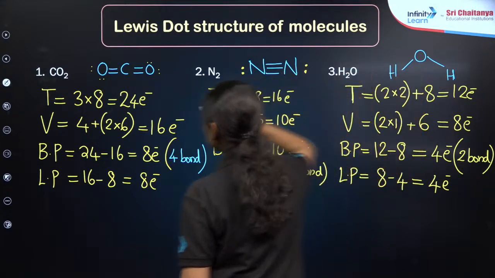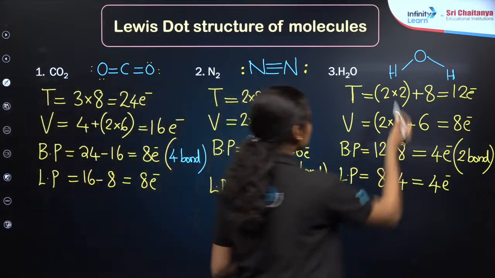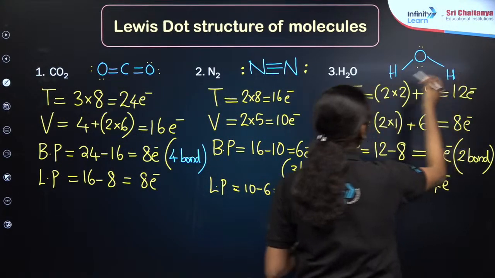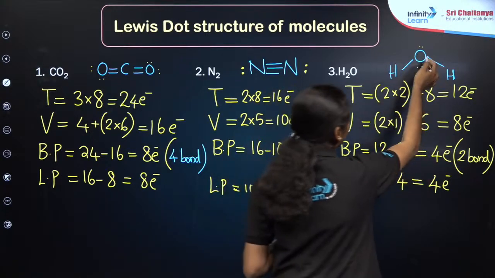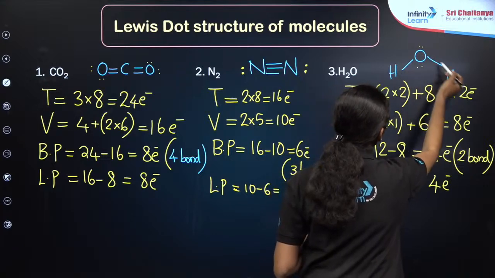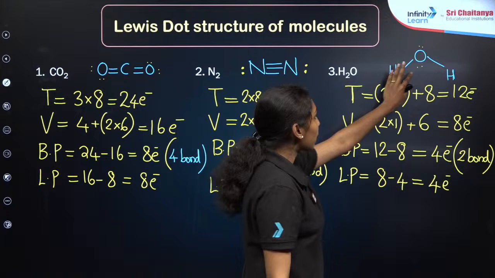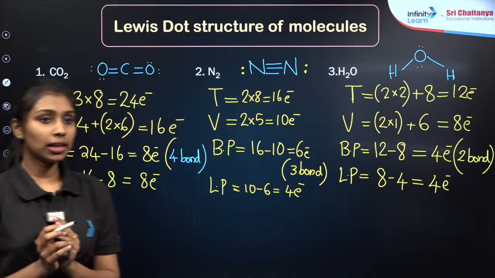Then what about the lone pairs here? 4 lone pairs are present over the oxygen atom. So for hydrogen it is 1 plus 1, 2, completing the duplet. Again this hydrogen is also completing the duplet. Then for oxygen it is 1, 2, 3, 4, 5, 6, 7, 8. It completes the octet rule, which means that this will be the complete Lewis dot structure of the water molecule. Clear?